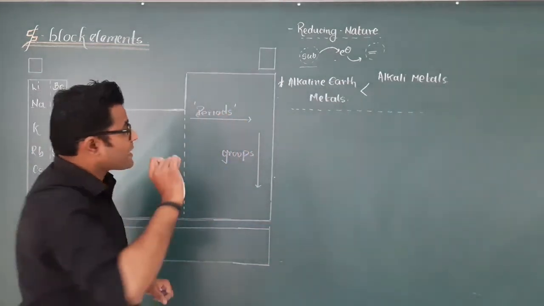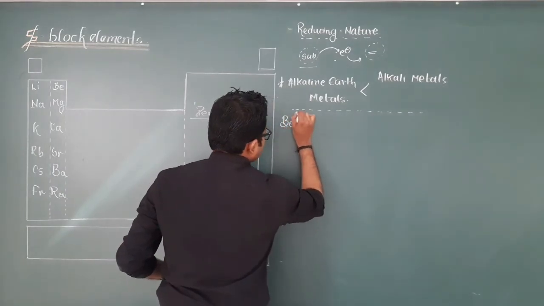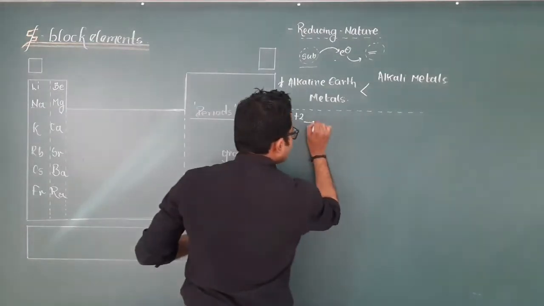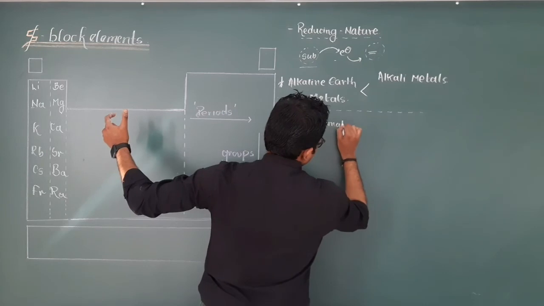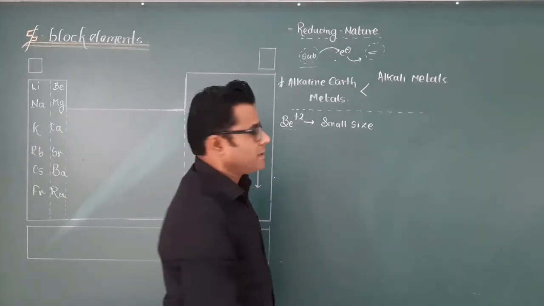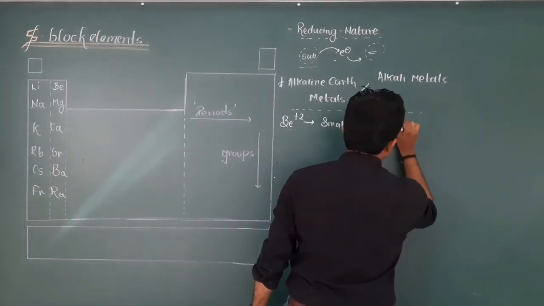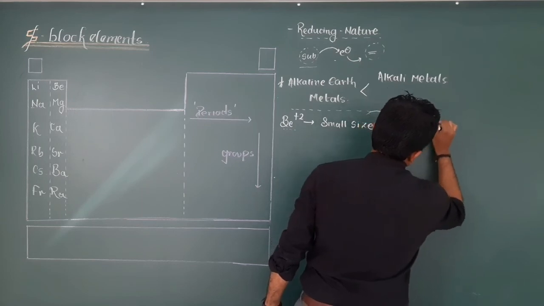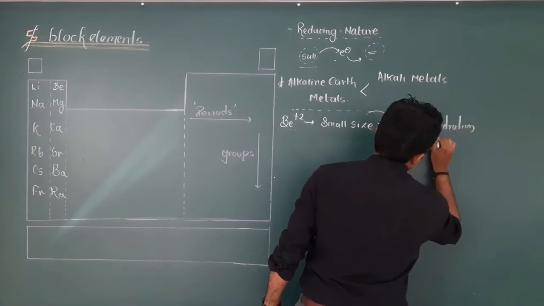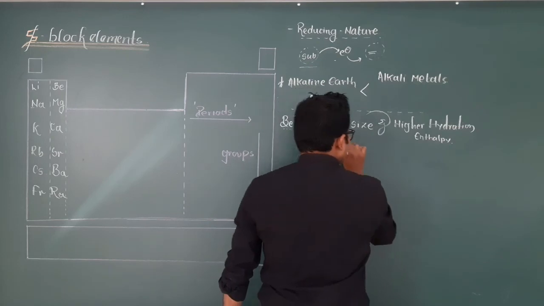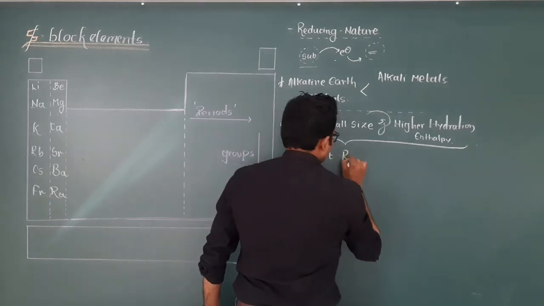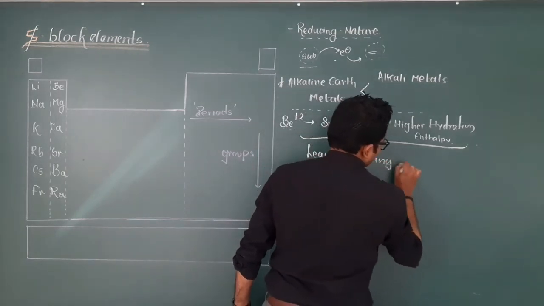Now when we speak about beryllium, as beryllium exists in the form of its +2 ion because of its exceptionally small size, because of the smaller size and higher hydration enthalpy, this beryllium is going to act as the least reducing agent.